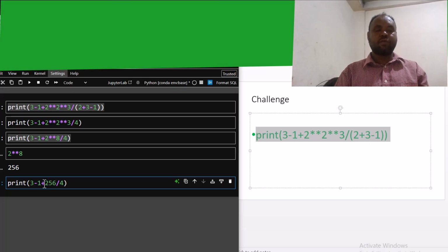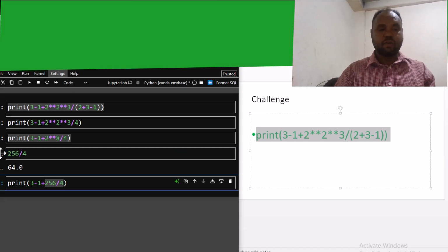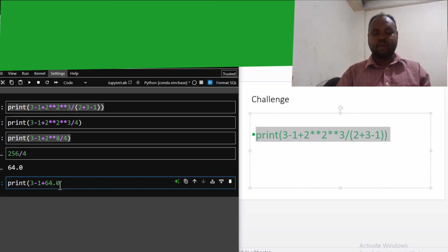Compared to addition and subtraction, this division should come first, right? This division should come first. Therefore, this is 64. Now let us turn back to left associativity.